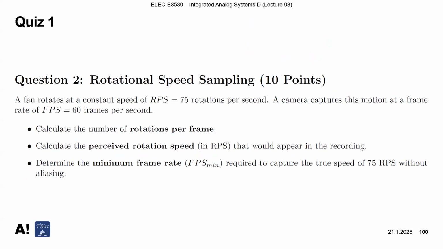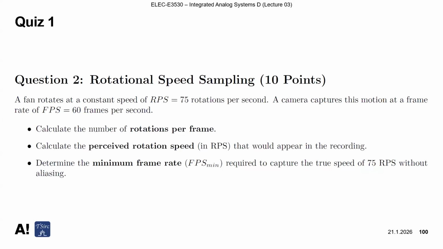So rotational speed sampling, that's question 2. A fan rotates at a constant speed of RPS equal to 75 rotations per second. The camera captures this motion as we did for the playground, right? With the clock. Then it captures this motion at a frame rate of FPS equal to 60 frames per second.